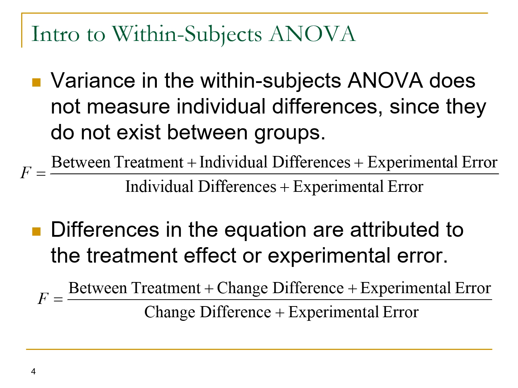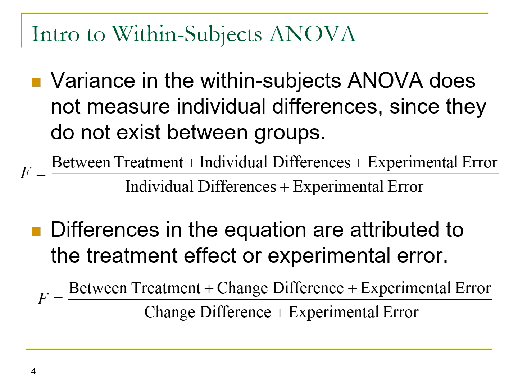So variance in the within subjects ANOVA does not measure individual differences since they do not exist between the groups. So basically, when we're looking at an ANOVA that is between subjects, we have the between treatment difference, individual differences, and experimental error on the top, individual differences and experimental error on the bottom.